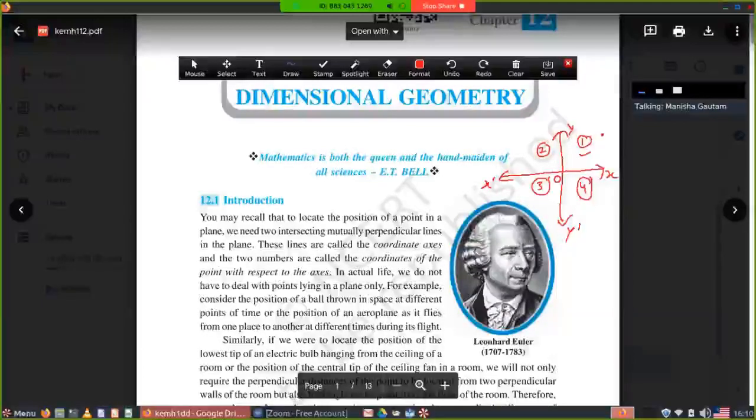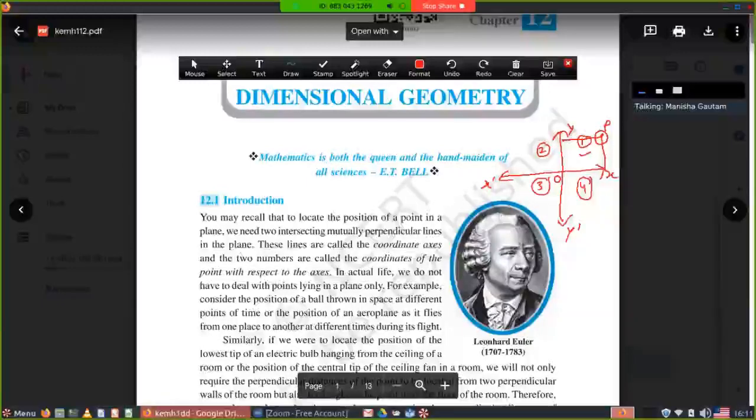If you want to locate this point P, the perpendicular distance from the x-axis and the perpendicular distance from the y-axis give the location of this point P. It means to get the location of point P, you need the perpendicular distances from the two axes, x-axis and y-axis. Same is written here.